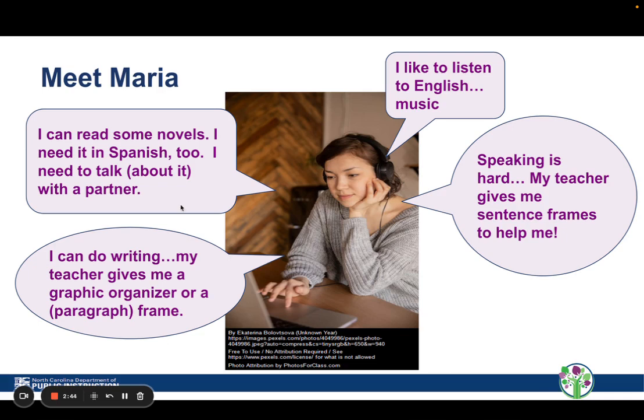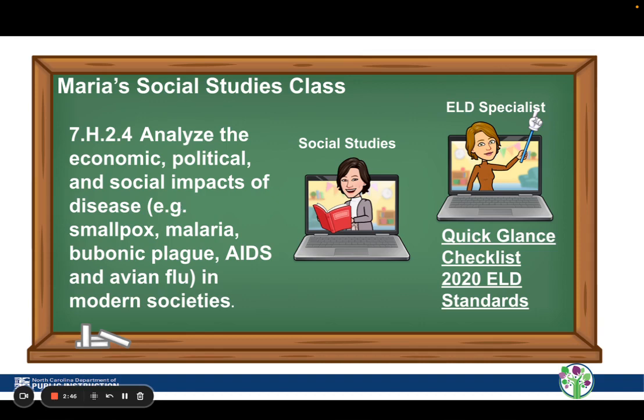And so in 7th grade social studies class, Maria's class is studying the standard that you see on the left-hand side of the slide, and they are analyzing the economic, political, and social impacts of disease in modern societies. Sounds familiar? Let's think COVID.